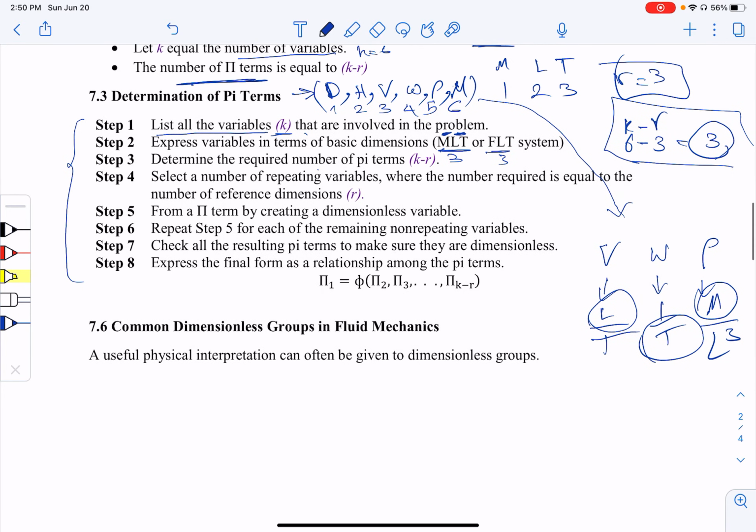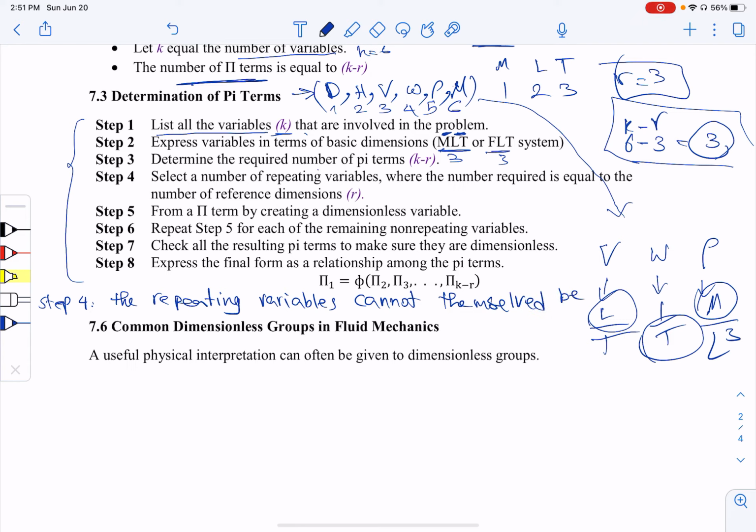So let me write it down here, this is for step 4: the repeating variables cannot themselves be combined to form a dimensionless group or product.